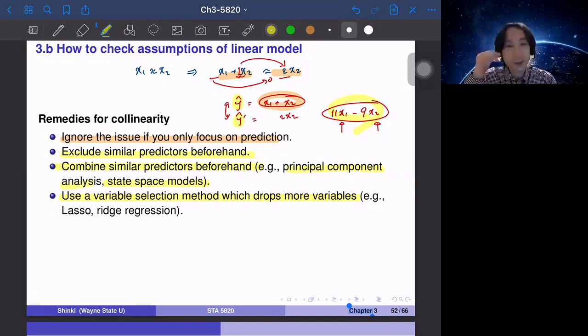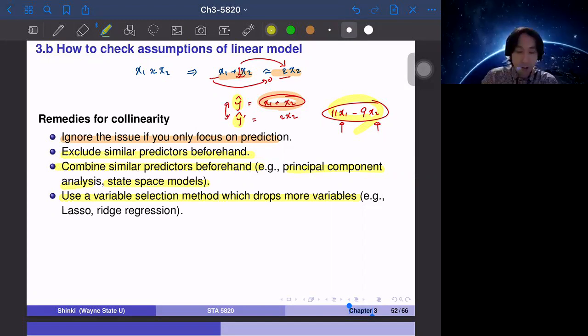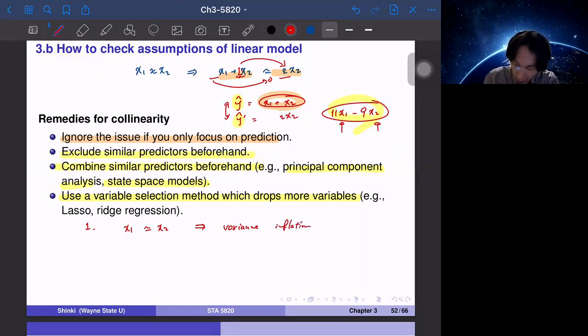Oh, perfect collinearity. Yes, that's true. I think we have two problems: one is a statistical problem, and one is a mathematical problem. If x1 and x2 are almost the same, then we have variance inflation, and that is what we discussed.